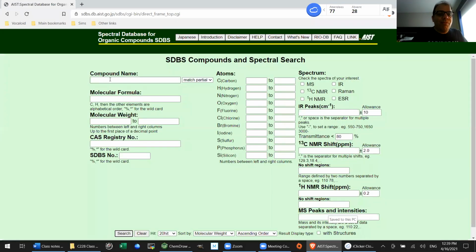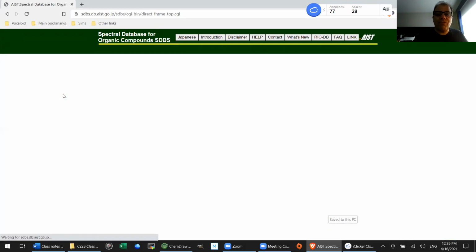Shall we start with maybe some 5-carbon compounds? I don't know. What about C5H12O2? That's not a name, that's a formula. C5H12O2. See if we find anything interesting.